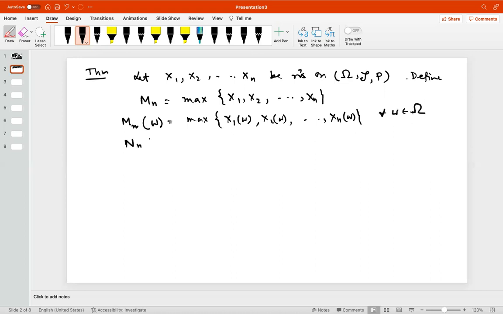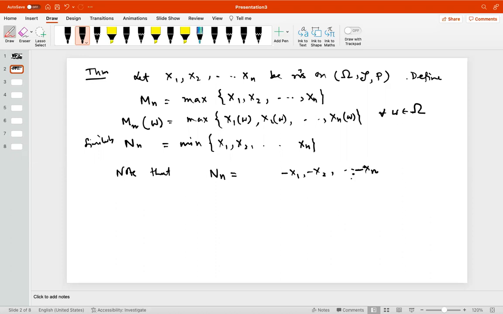Similarly, define Yn as the minimum of these random variables, the minimum of X1, X2, ..., Xn.